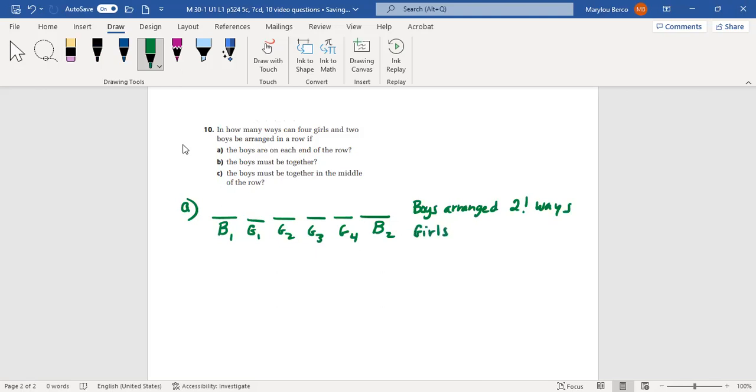Girls can be arranged 4 factorial ways, 4 different arrangements. So essentially, what we have is 2 factorial times 4 factorial, which is 2 by 24, 48 ways.